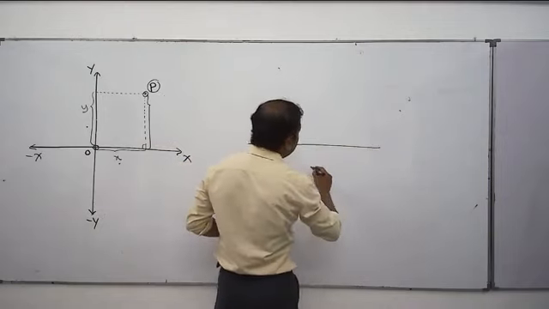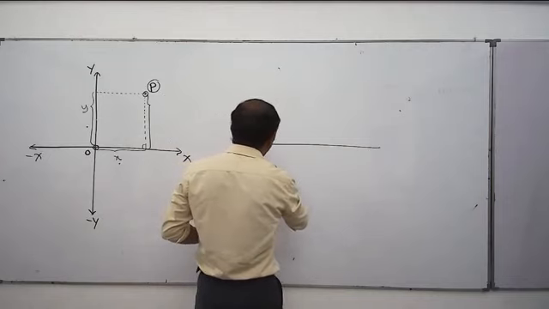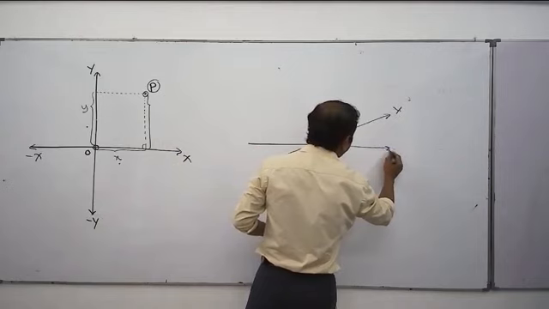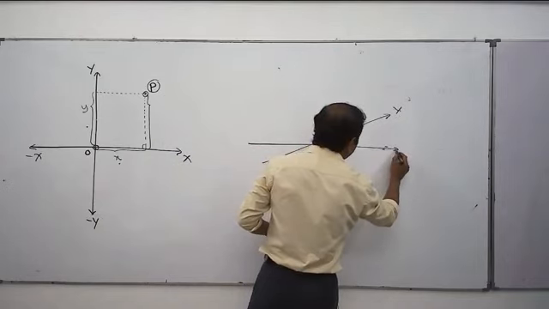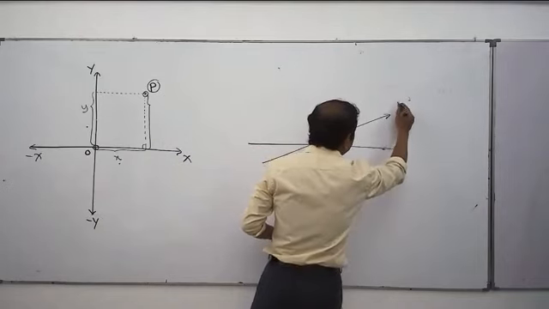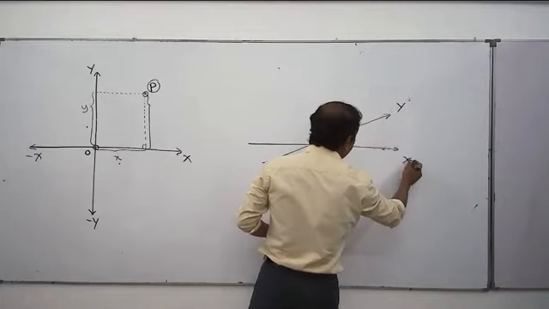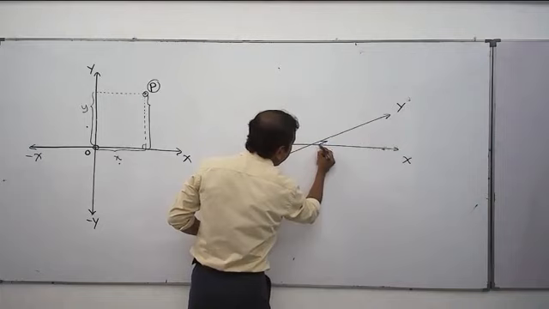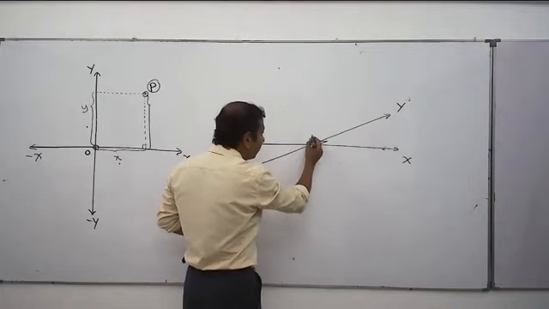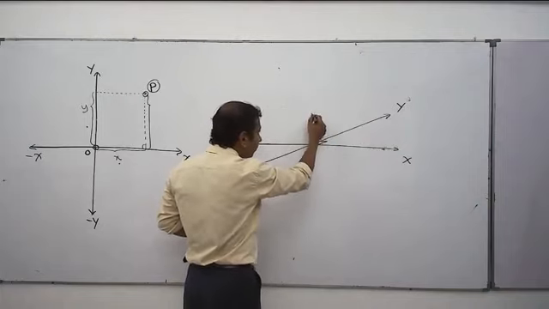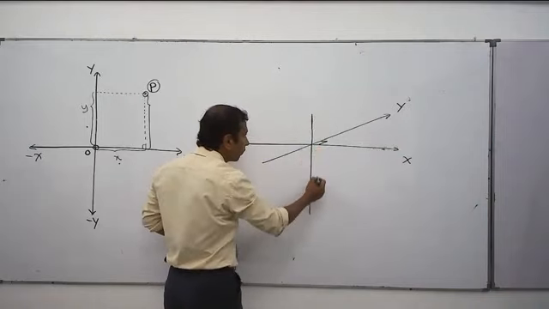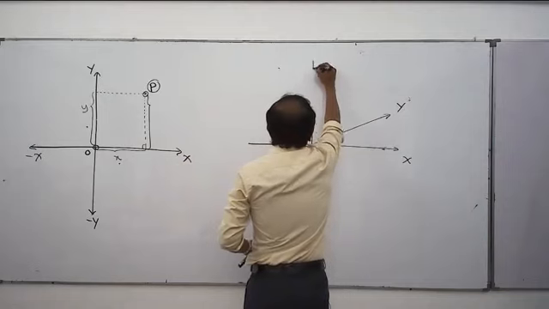This is x axis. This is y axis. Here the angle is 90. And z axis is here like this. This is the z axis.